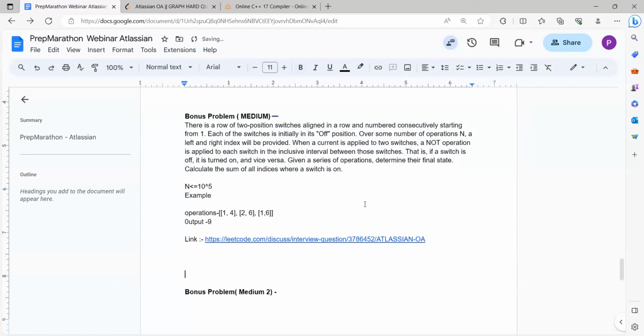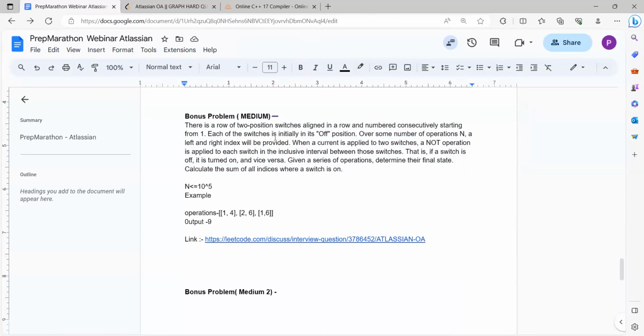The bonus 2 problem is homework. Go through this problem, and if you are able to solve it, then very good. It has a very great technique that I want to mention in this session, so try it once. What Atlassian generally does is hide problems in a story.